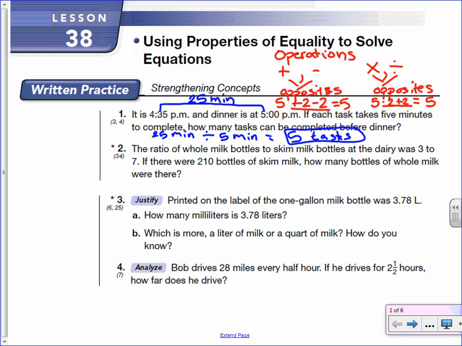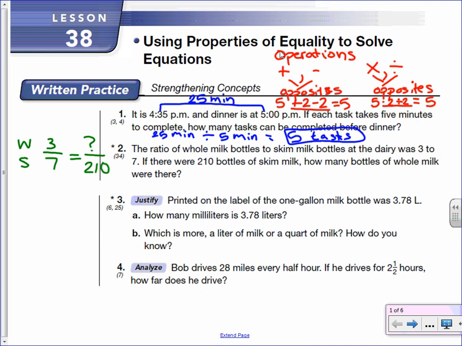The ratio of whole milk bottles to skim milk bottles at the dairy was 3 to 7. If there were 210 skim bottles of milk, how many whole bottles were there?